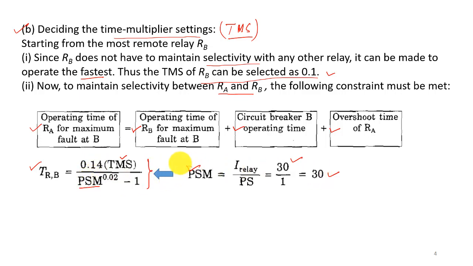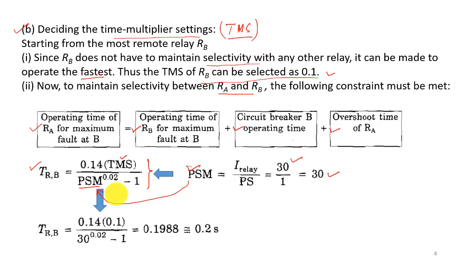Okay, so then I will substitute this PSM in this equation. After substituting, I will get the operating time for relay B for the maximum fault current at bus location B. Just by substituting PSM and TMS, I find TRB, and we found it as 0.2.